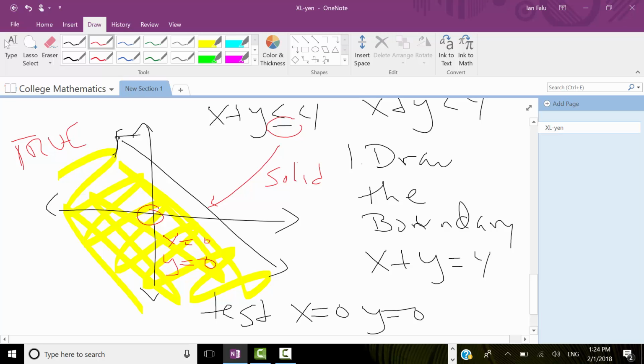And that's basically what you need to do. You need to draw the boundary.